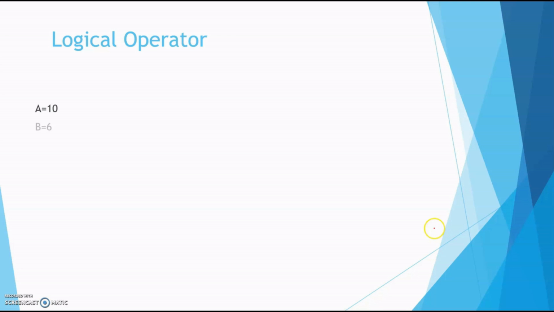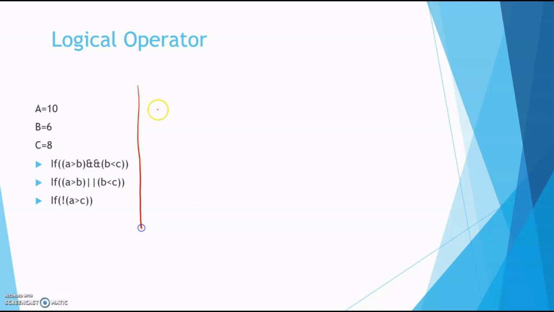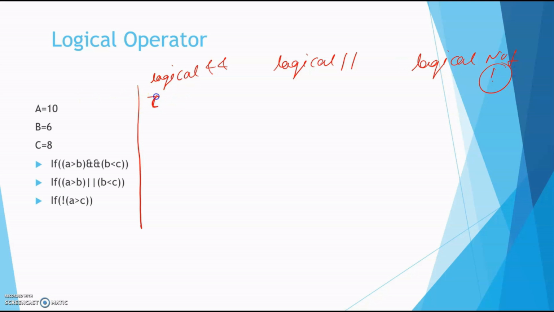Now come to the next, the logical operators. There are some conditions known as logical AND, the first one is logical AND, the second one is logical OR, and the third one is logical NOT. You can say this symbol. There is condition 1, C1, and condition 2, C2.